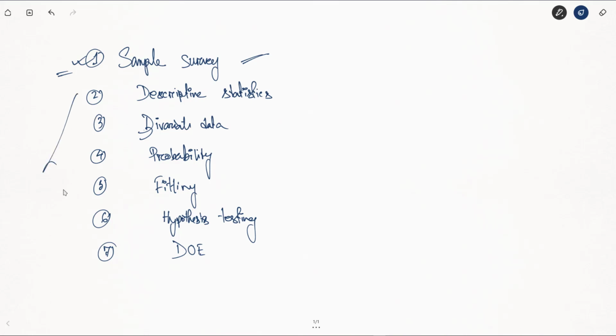Otherwise all of the others are purely mathematical, except for this one. We will not go in depth about the mathematics in this part. We will only go about the theory. The last topic, design of experiments, is somewhat more theoretical than applied. The rest of them are all mathematical.